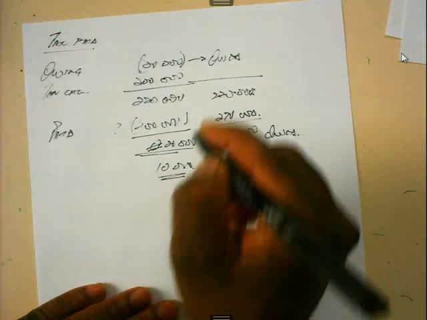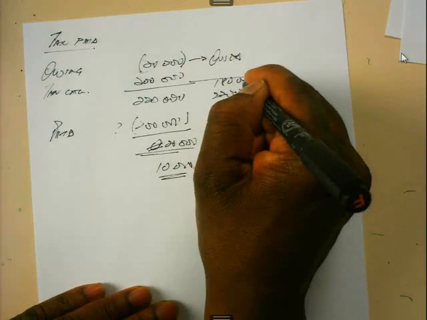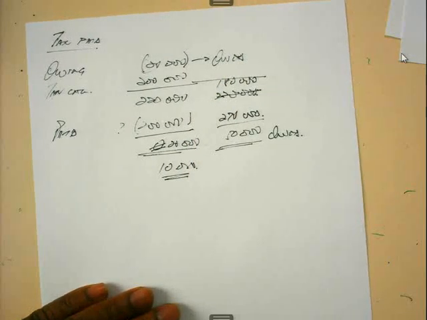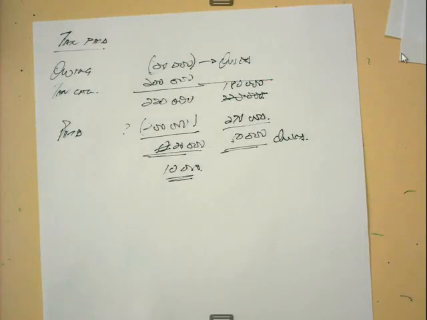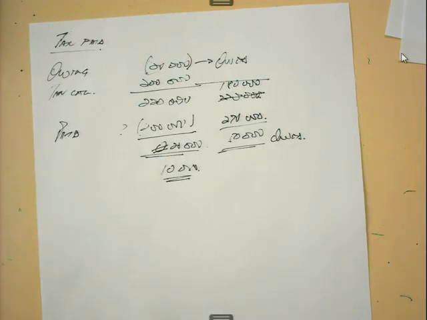What is the difference? It's 180,000. SARS owes you 20,000, and the tax calculation for the current year says 200,000 must be paid towards tax, so you top up the 20,000 rands with 180 to arrive at 200,000.